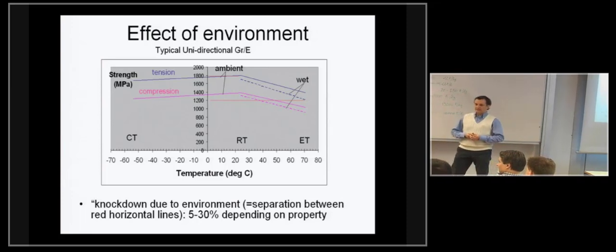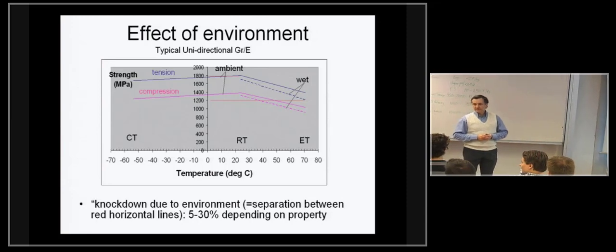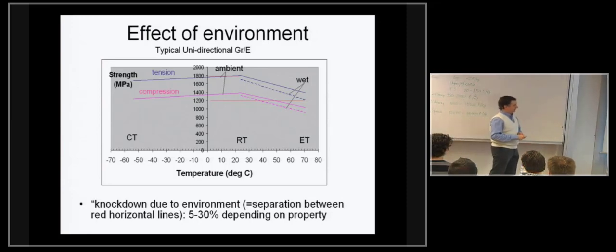Some of the cure temperatures of some of the matrices are about 80 degrees. In that case, that would be a bad matrix to use. Basically you want to find where your glass transition temperature is, subtract like 10 degrees or so and make sure your material is going to operate in environments that are at least 10 degrees below that.